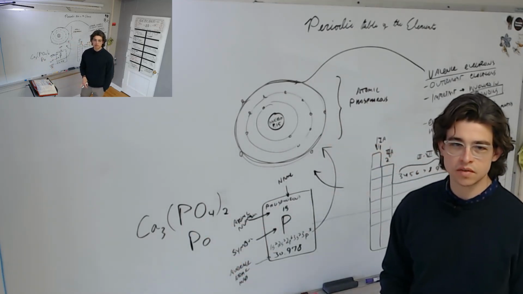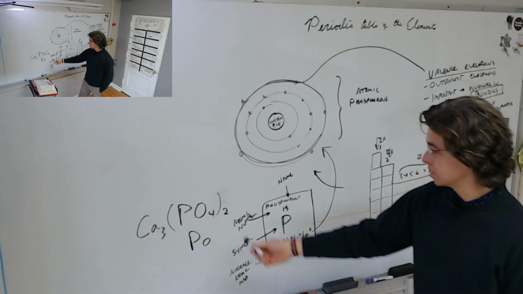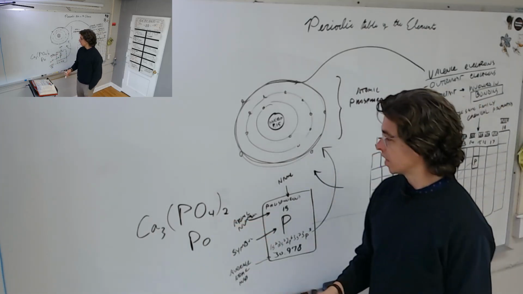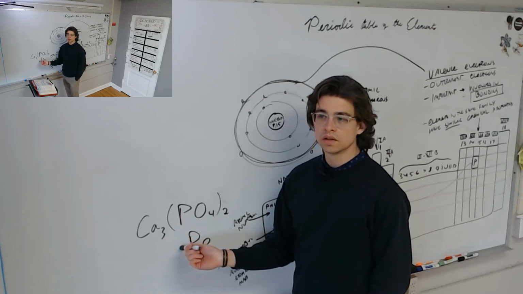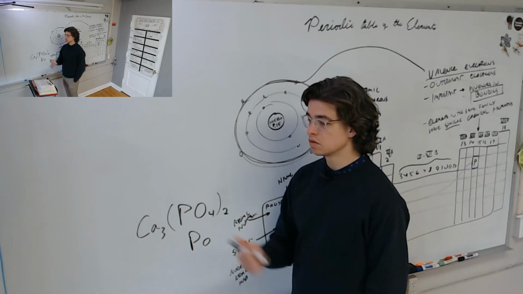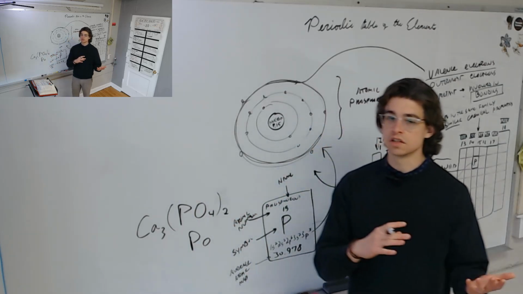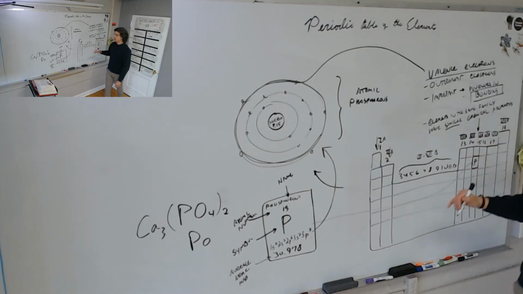Have you heard of calcium phosphate? Your bones and teeth are made of calcium phosphate. They're a little bit more complicated than that, but this is a compound. Another example of the fact that most of the substances around us, teeth, bones, whiteboard, are made of combinations of elements that are bonded together. So that's why it's so important to know about valence electrons.